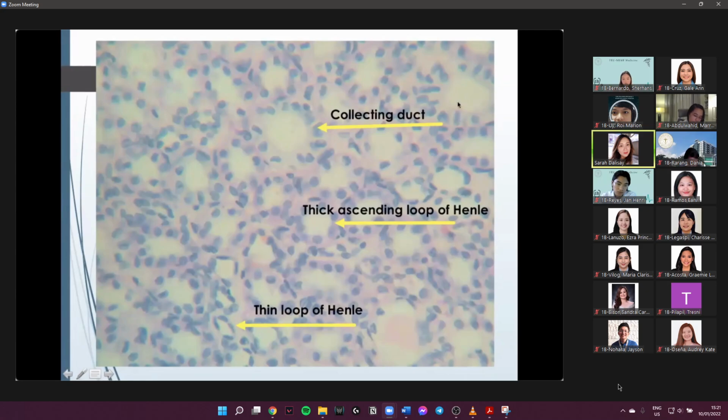This will be now known as your collecting duct. Okay? So, ayun ha. Pag yung duct natin is already lined by simple columnar epithelium, it now becomes your collecting duct. Okay? So, there you go. These are the things we'd like you to know with regards to your renal medulla.